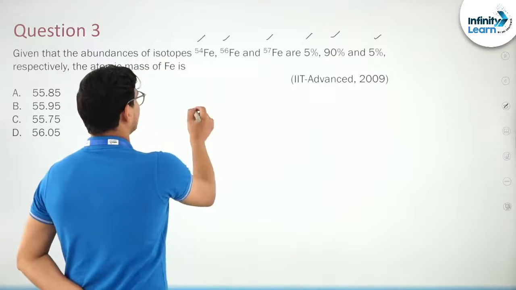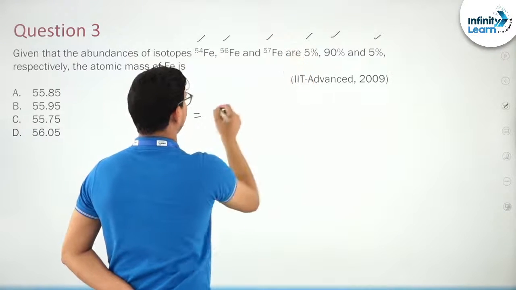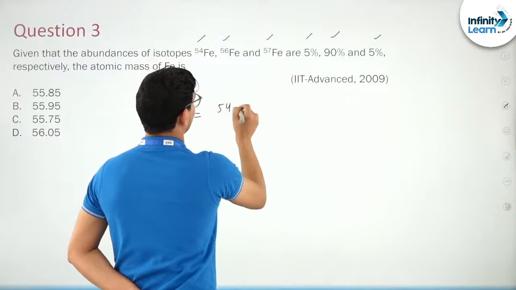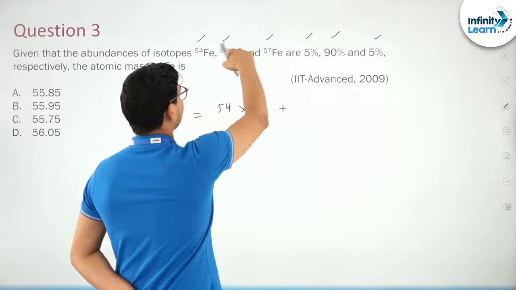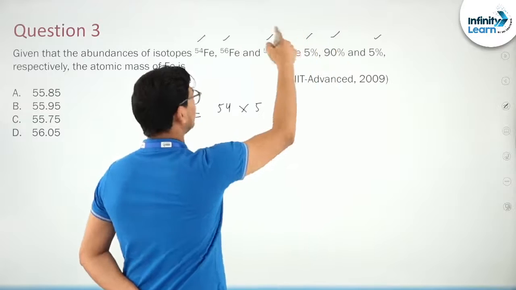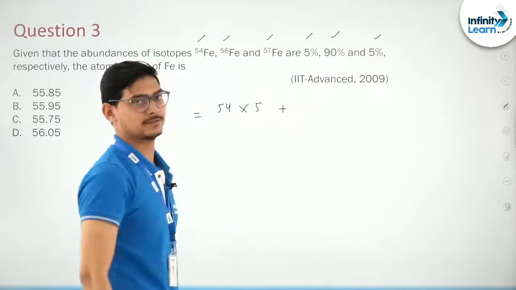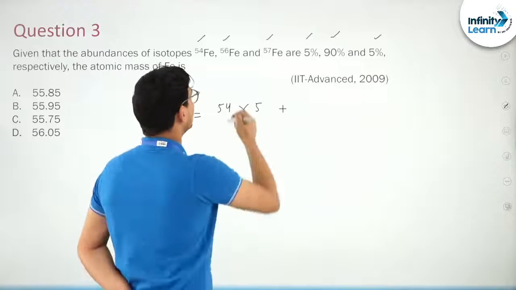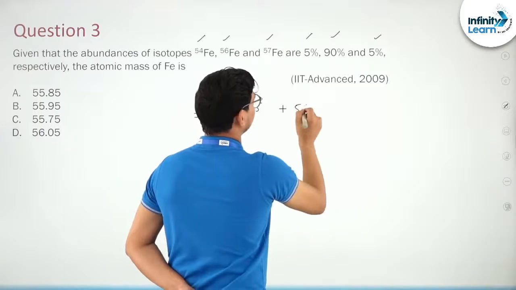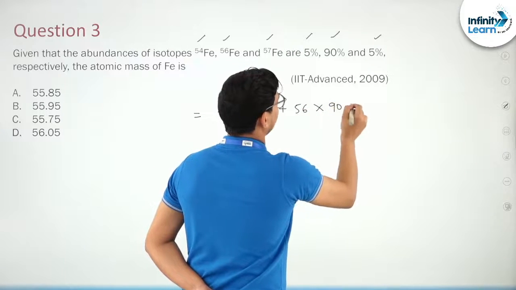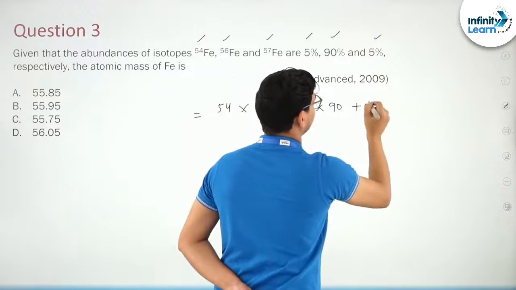The average atomic mass of iron is 54 multiplied by 5 plus 56 multiplied by 90. See what I am doing, I am multiplying the percentage abundance by the isotopic mass, the relative atomic mass of the isotope. So 54 into 5, then 56 into 90, and finally the third isotope is 57 multiplied by 5.